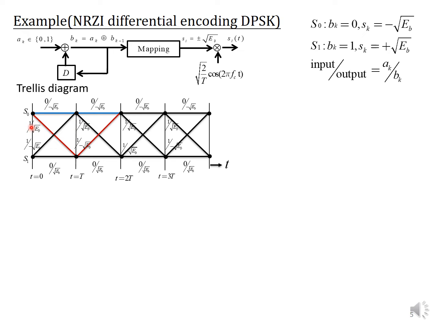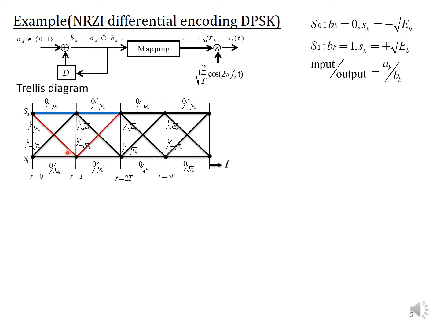From symbol to symbol, whenever there's a 1, the state would toggle. When there's an input of 0, the state remains unchanged. It continues like this: every symbol, when there's a 1, BK toggles, and when AK is 0, BK remains unchanged.